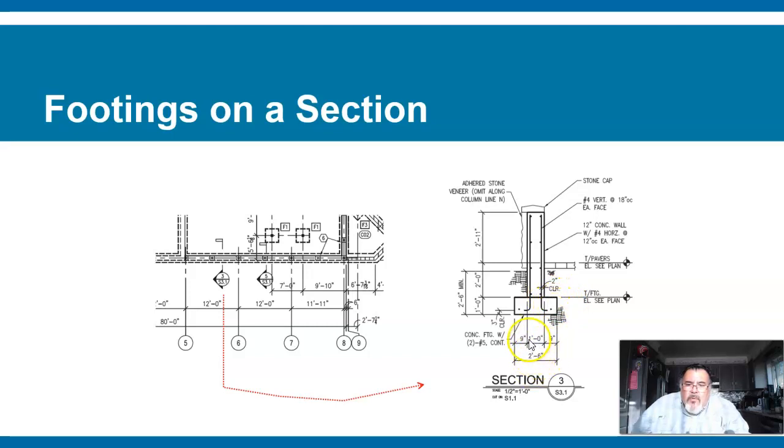So 2'6" minus 1 foot equals 9 inches on both sides up on top. And then you see this guy, it's got 2 feet of dirt on top of the 1 foot. So here you've had to remove 3 feet of dirt. And here it tells you minimum you've got to remove 2'6".